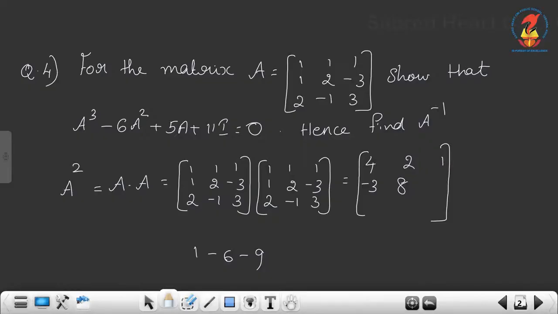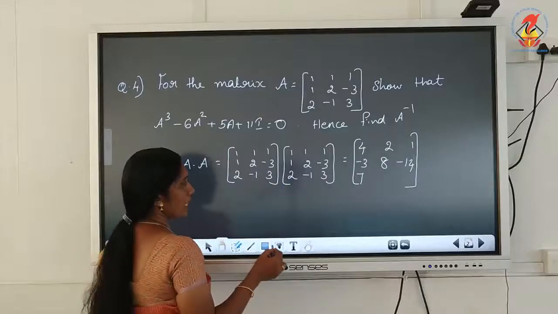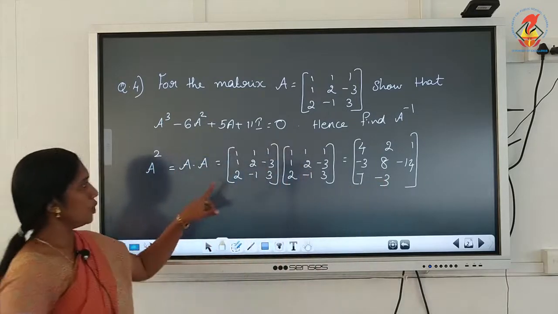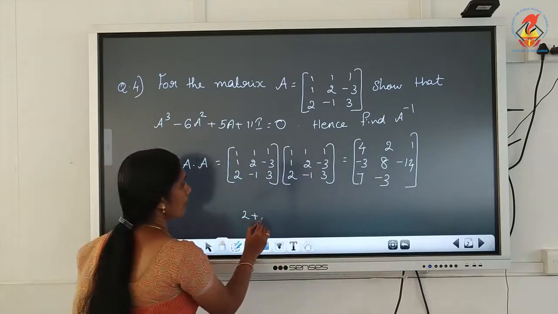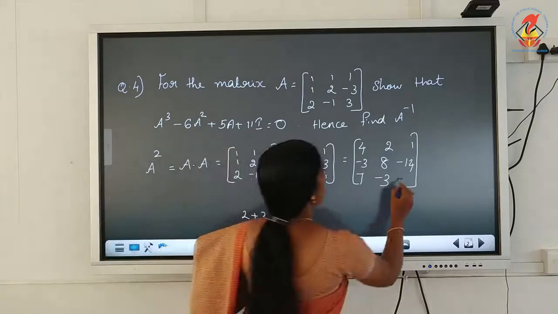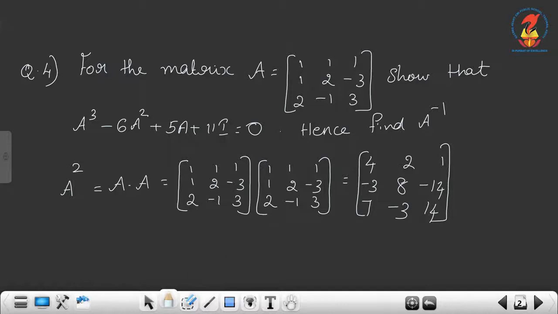So, minus 15 plus 1 is minus 14. The next row: 2 into 1 is 2 minus 1 plus 6, so 8 minus 1 is 7. 2 into 1 minus 1 into 2 cancelled. So, minus 3. Now, last element: 2 into 1, 2 plus 3 plus 9. So, that is 14. So, that is equal to A square.